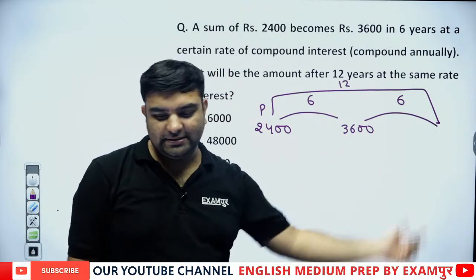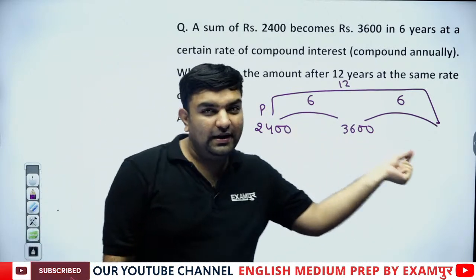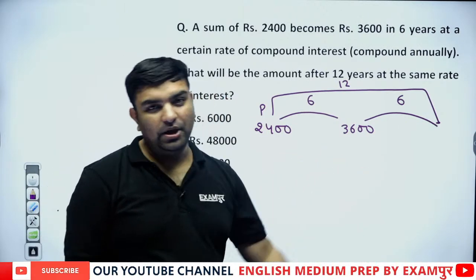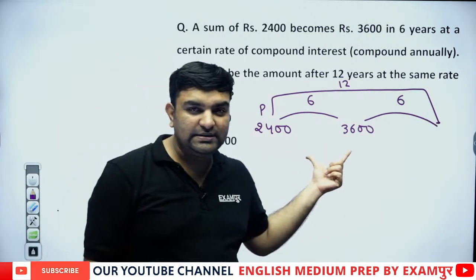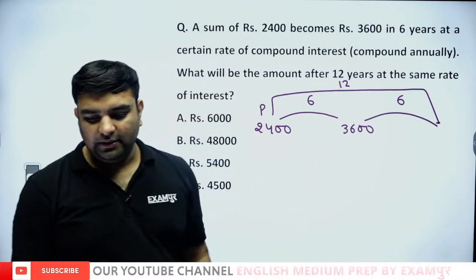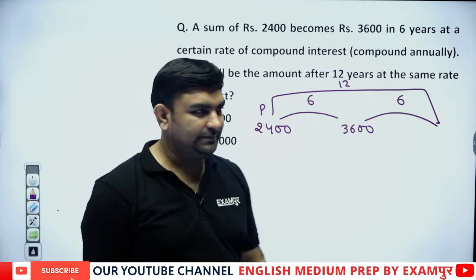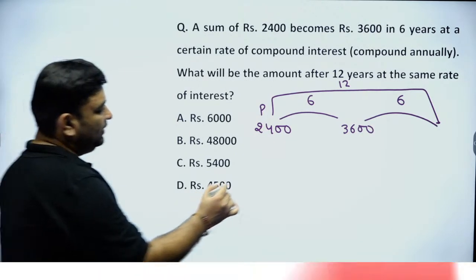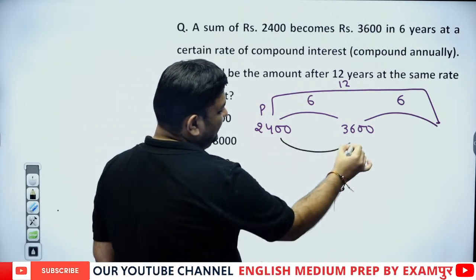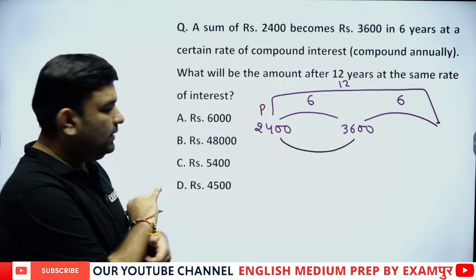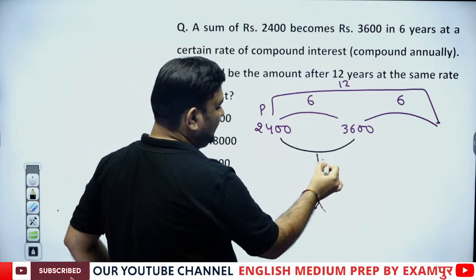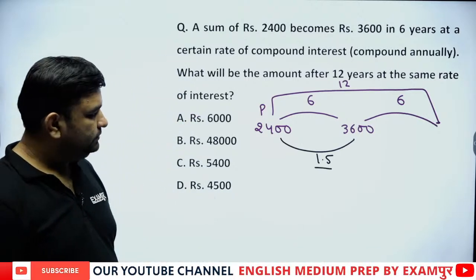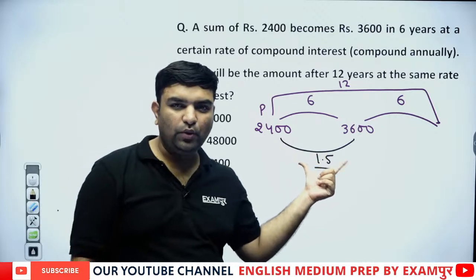If the time period is the same, the value increases in the same ratio, with the same rate. What is the rate here? The rate is 1.5 times.